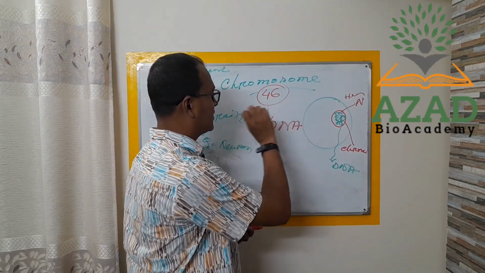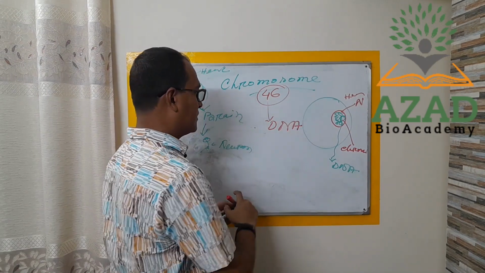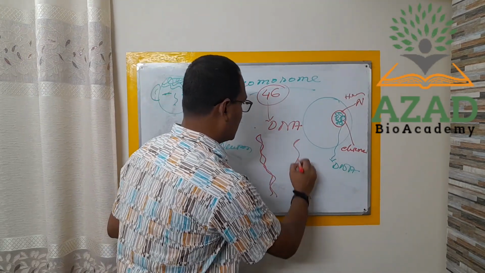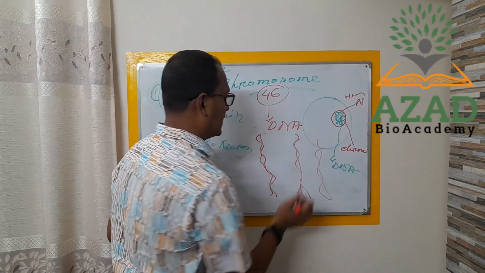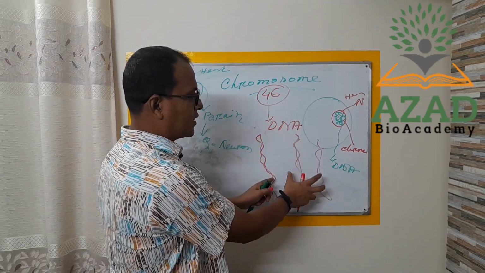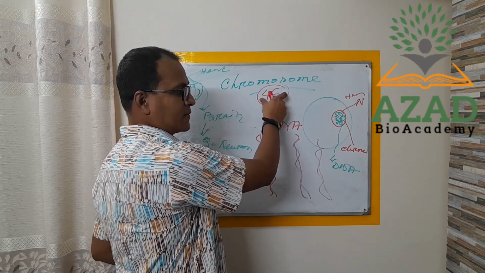If you think this is one DNA, this is another DNA, this is another DNA, such like that, the total number of DNA within the human cell is 46.